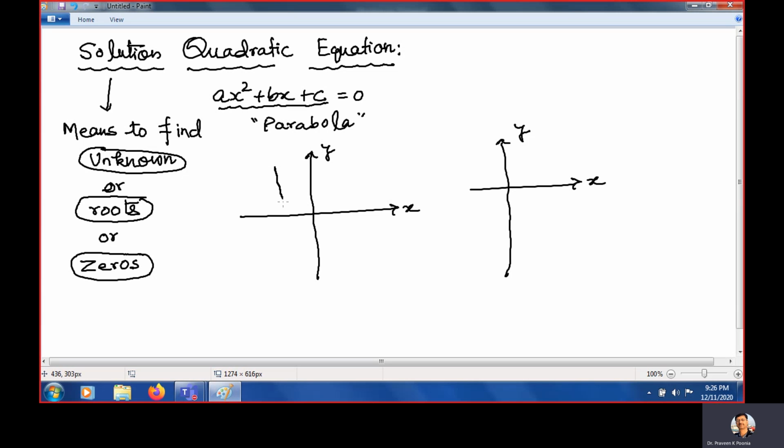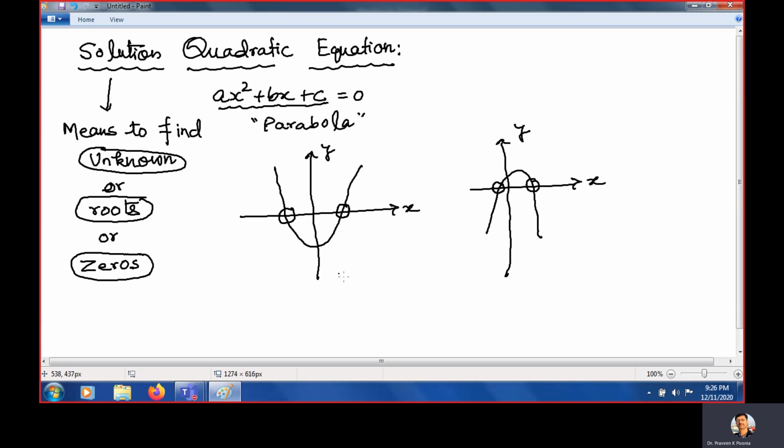Clear? If this is the parabola or this is the parabola, then you can see this parabola is crossing at 2 points on the x-axis. Clear? Here also it is crossing at 2 points on the x-axis.